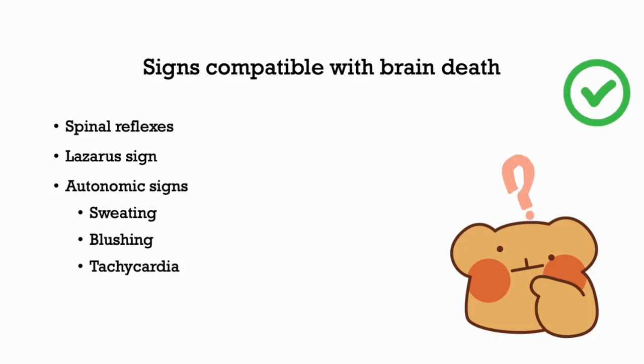You need to also know what the observations are that are compatible with brain death, okay? And this is where I'm going to talk a little bit about spinal reflexes. There's also something called the Lazarus sign, okay? Other signs like autonomic signs, so the patient might be sweating or blushing, they might have a tachycardia.